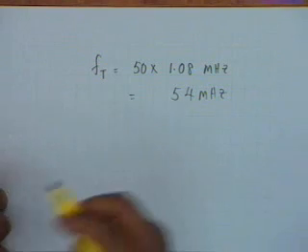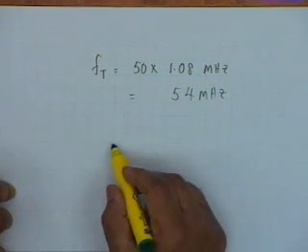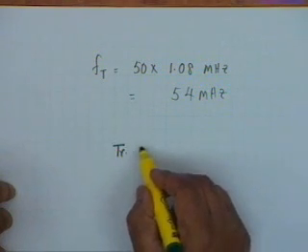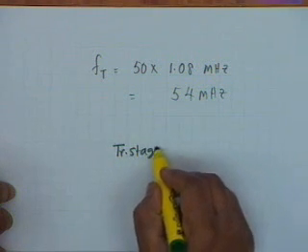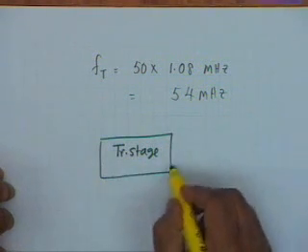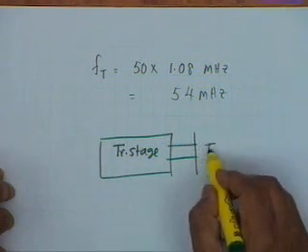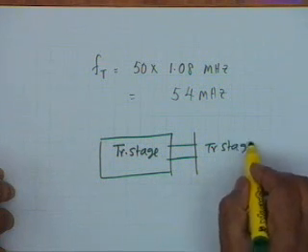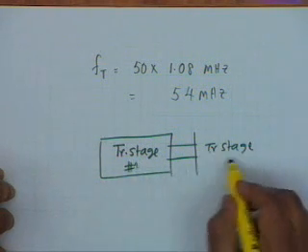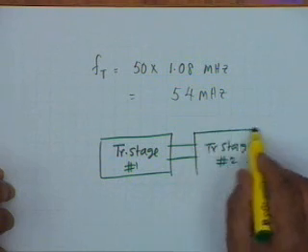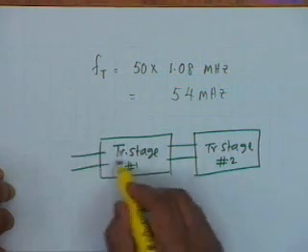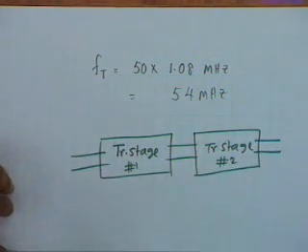We next consider what happens when one amplifier stage is cascaded to another. If the amplification provided by one stage is not enough, then you cascade two stages: transistor stage 1, transistor stage 2.